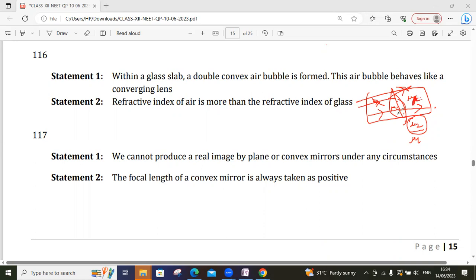Mu1 is the surroundings and mu2 is the material. In general, mu2 is greater than mu1, but here mu2 is less than mu1. So f, which was supposed to be positive, becomes negative. It acts like a diverging lens, not a converging lens. The statement that the refractive index of air is more than the refractive index of glass is also wrong. The refractive index of air is not more, it's less.